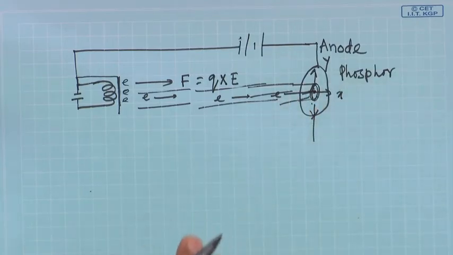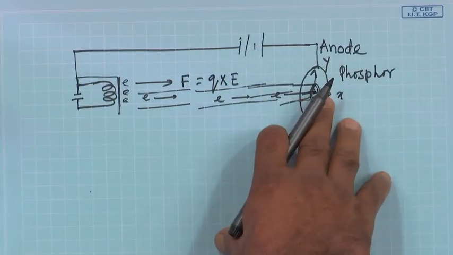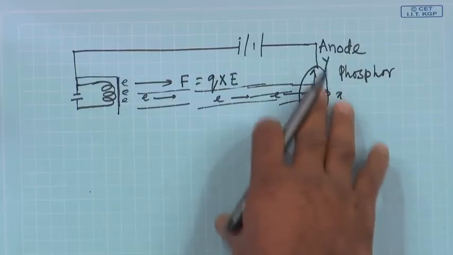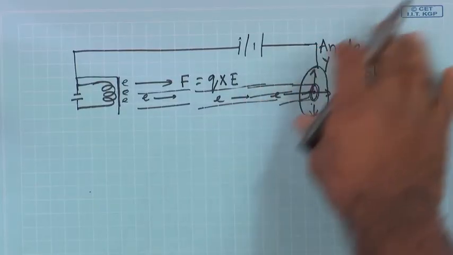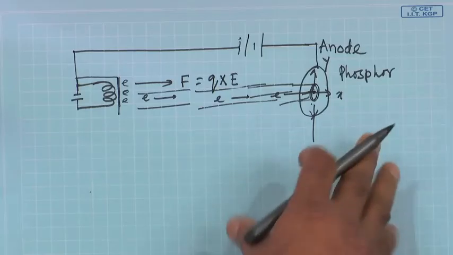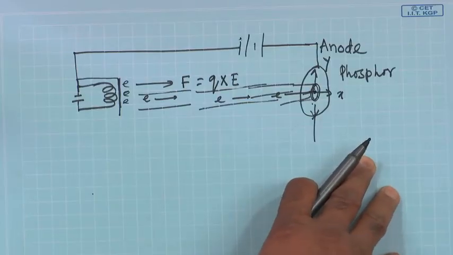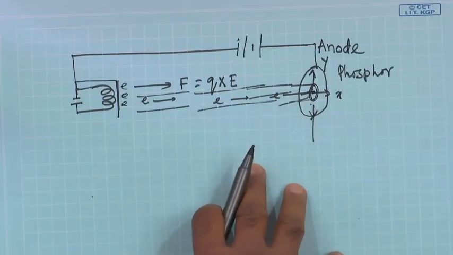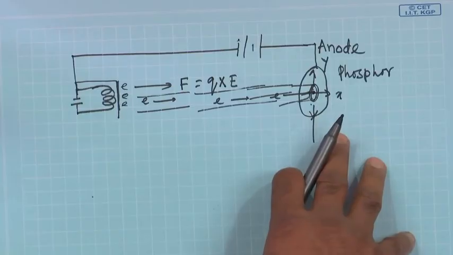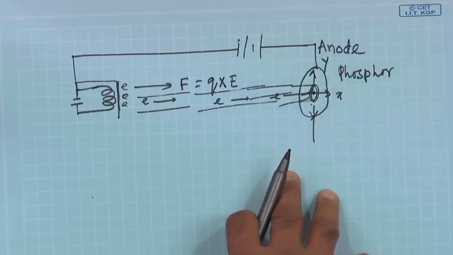So, to manipulate the position of the beam along the x axis, the y axis, or in any direction, I need some arrangement. That is what I called the vertical control and horizontal control.